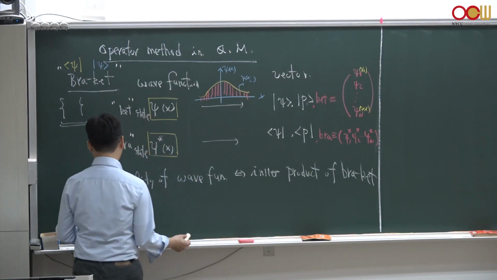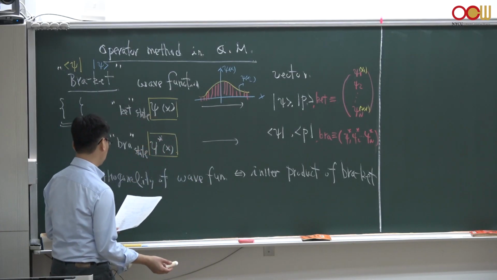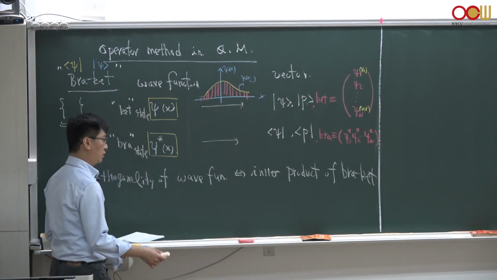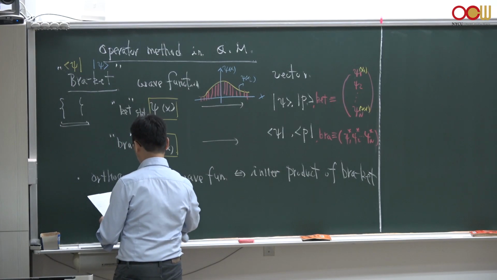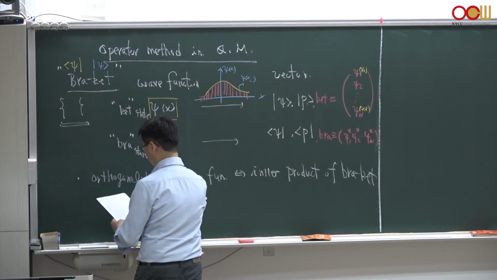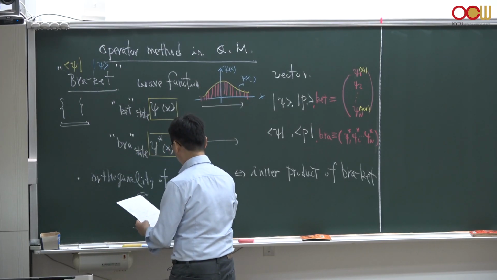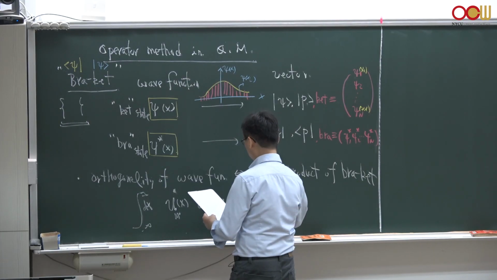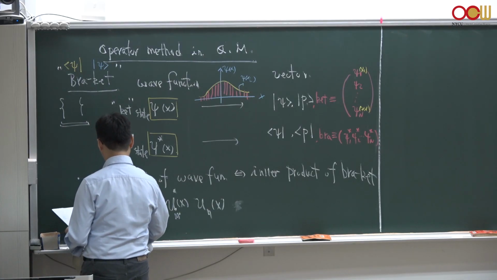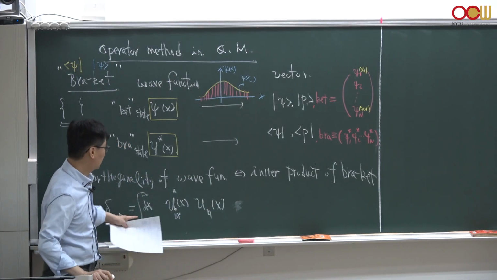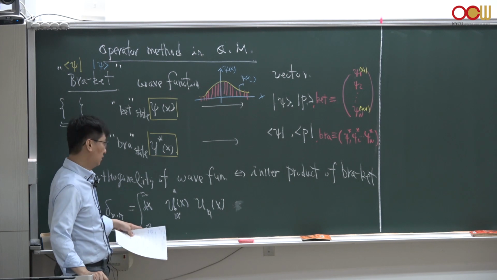So let's just define this inner product or the orthogonal nature of this wave function. Suppose we have these two eigenfunctions, which are labeled by um and un. Previously, without this Dirac notation, this is simply the overlap integral that we defined earlier, right?